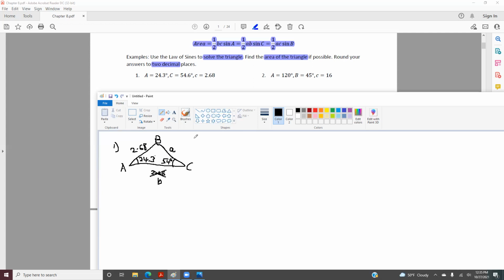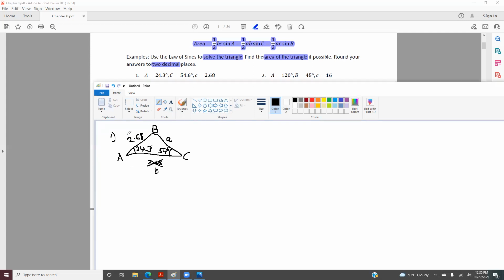And if you make this triangle wrong, I can tell you the whole thing you're going to do will be wrong. Make sure you know how to make your own triangles here. So what kind of triangle do we call this? You know, ASA, SAA, all these different types. Anyone know what triangle we call this? SAA.